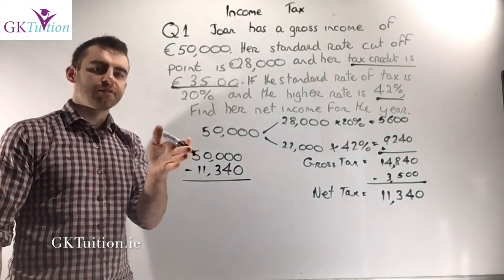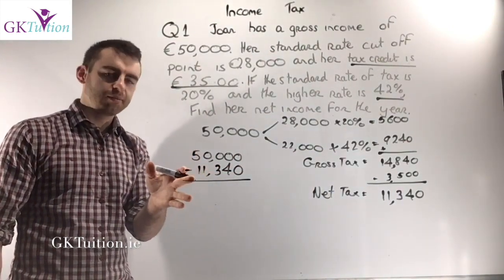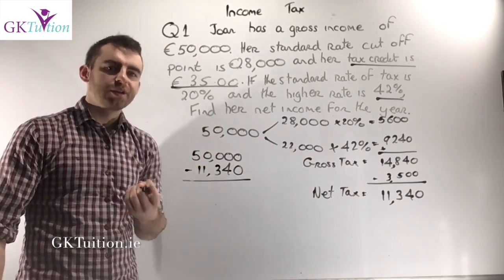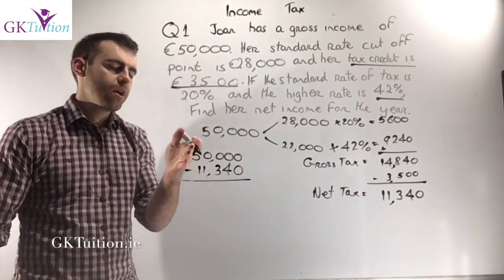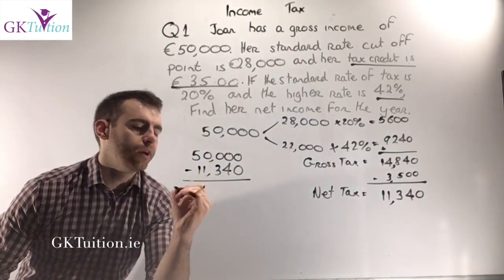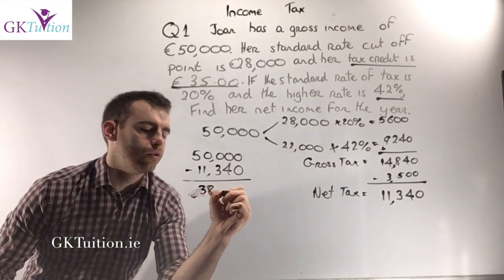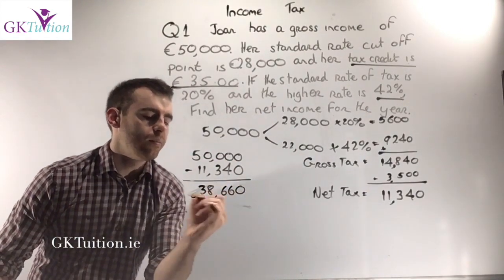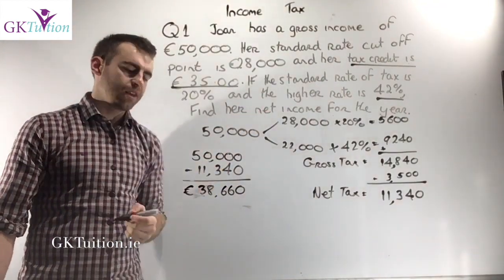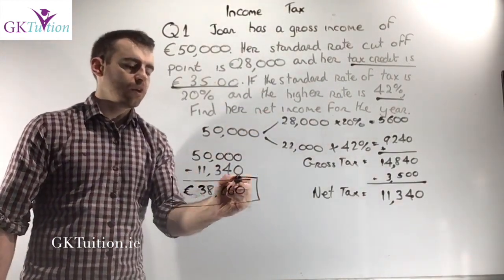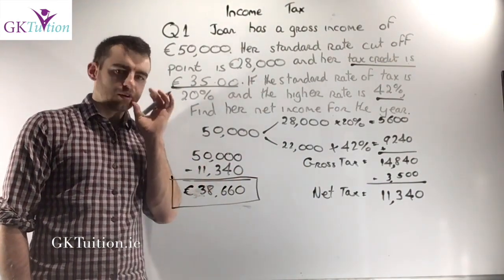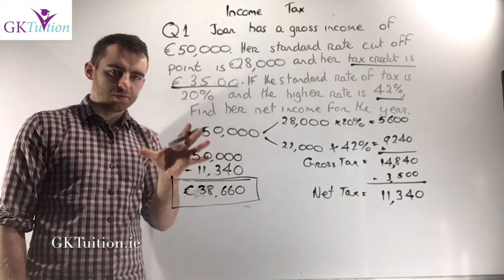If I get the amount of money her company has to pay her minus the amount of tax she has to pay, that will give me the net income, the amount of money that she will actually receive. €50,000 minus 11,340 will leave me with €38,660. So the amount of money that she will actually get to take home, her actual net income, is €38,660.